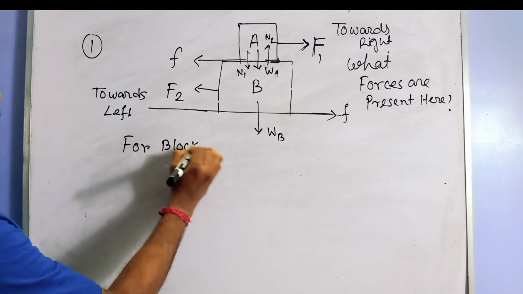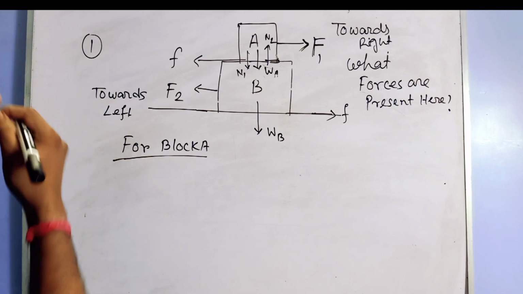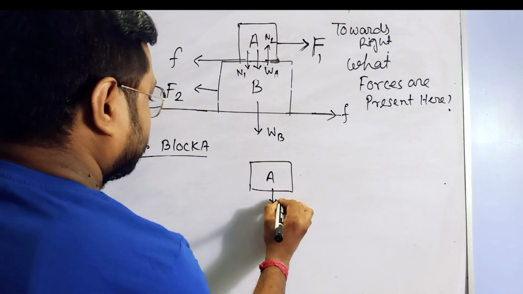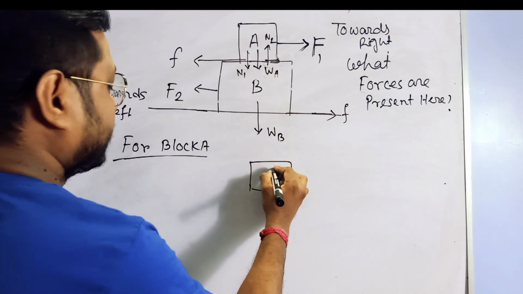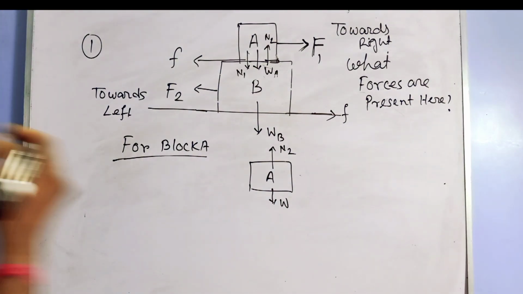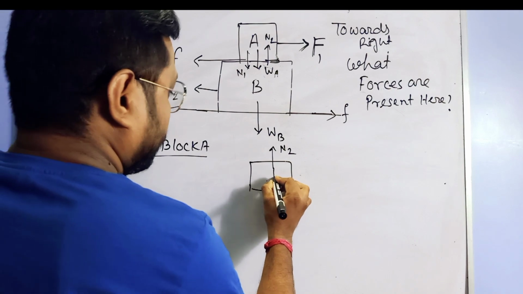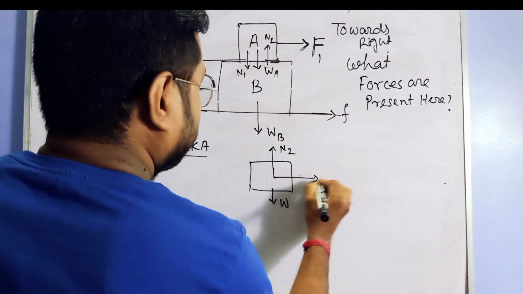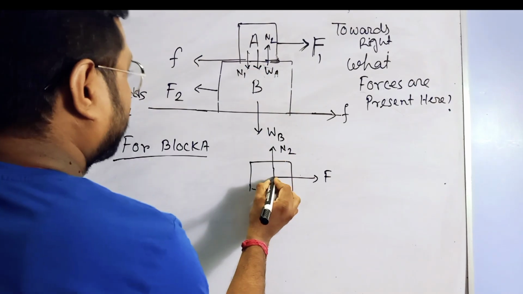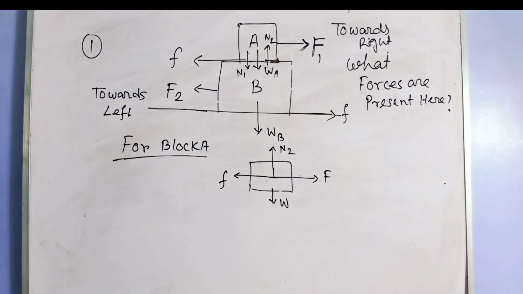So for block A, we can get that this is W, and the normal action due to B, that is N2, acts upon this, and the force F acts along this, and also the force of friction F along this.